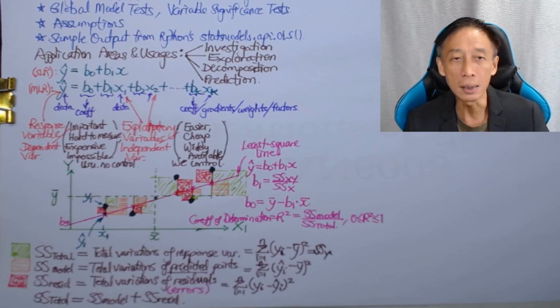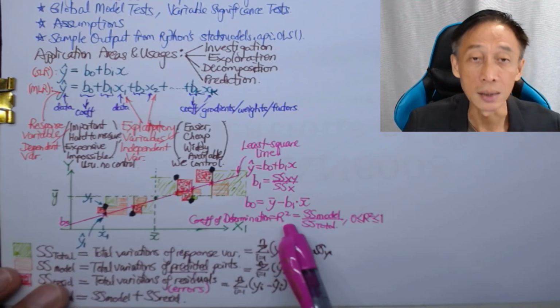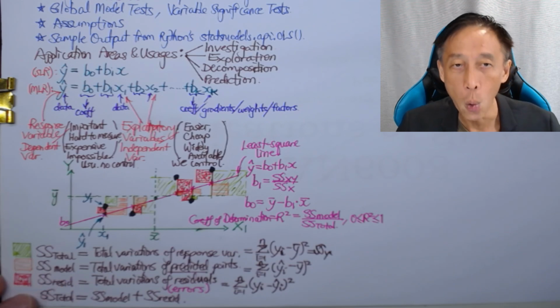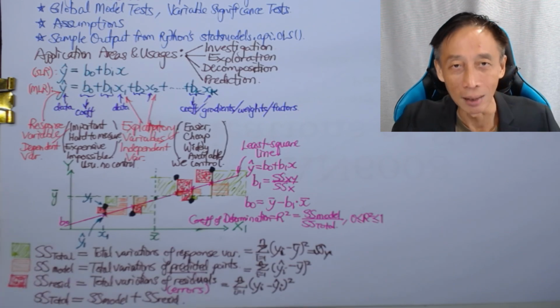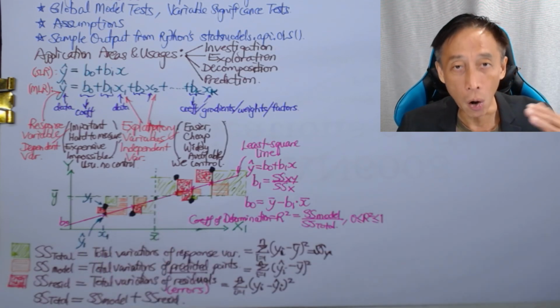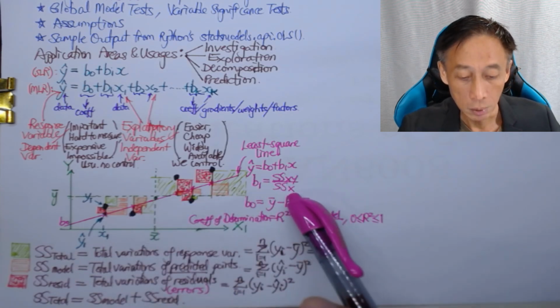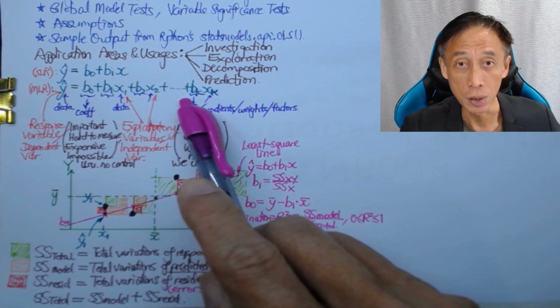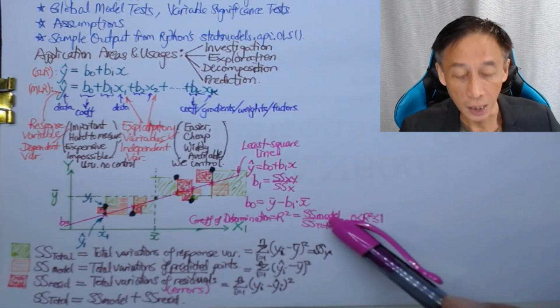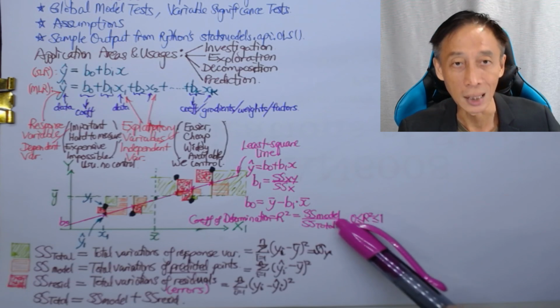So not bad. At least we have a linear recognizer here, right? So multiple linear regression gives us that. And we need to look at this R squared to know how hugging the line or the hyperplane in high dimensional space are these data points onto the hyperplane, the model that we have computed. Okay, very hugging, very close to one. Not hugging, not close, close to zero. We like it to be close to one.